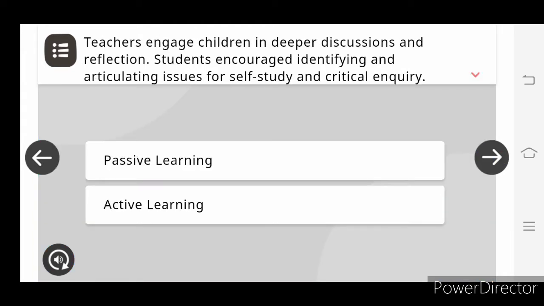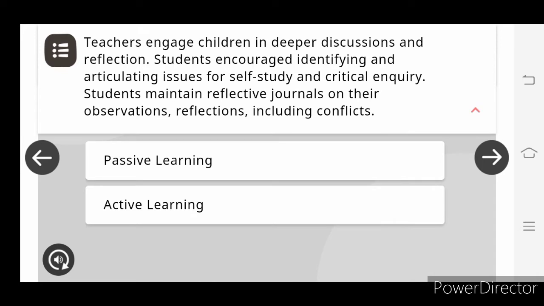The next: teacher engages children in deeper discussions and reflections. Students are encouraged to identify and articulate issues for self-study and critical inquiry. Students maintain reflective journals on their observations and reflections, including conflict. So it is active learning.